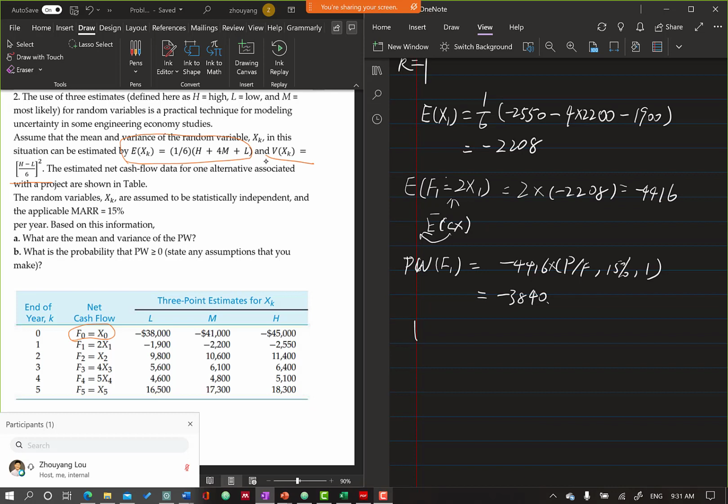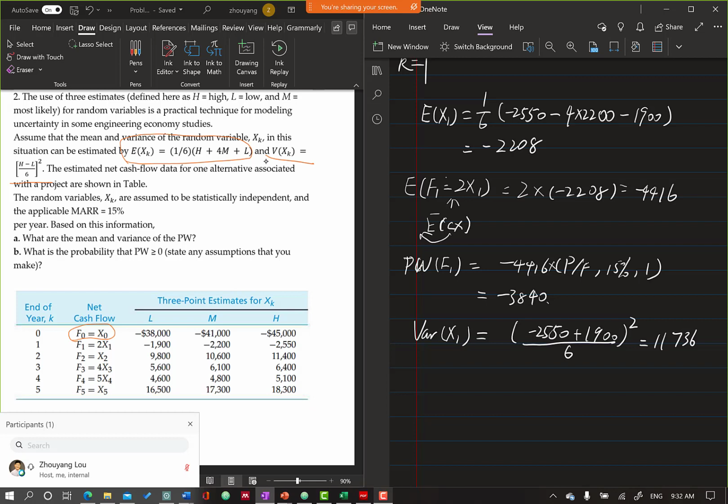Okay, then for the variance of x1, that's the same story. You just take the 1/6 times high minus low. This is high, and plus the 1900, and that 6 is inside, so that number divided by 6, and square of that, we will have 11736.